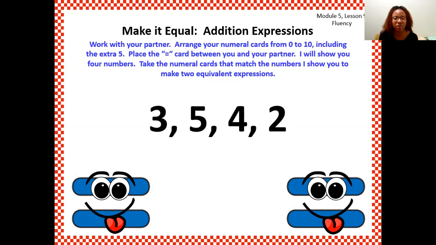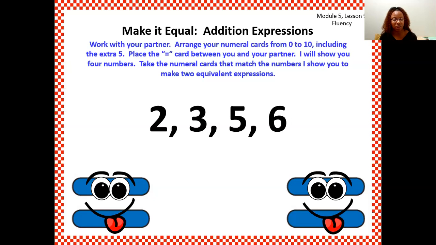Here's our next set of numbers. I have 3 plus 4 is equal to 5 plus 2 because those expressions are equal to 7. All right, did you get 2 plus 6 is equal to 3 plus 5?